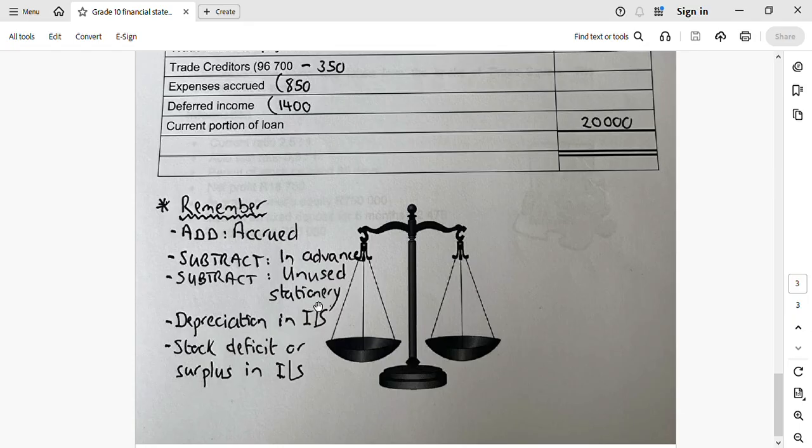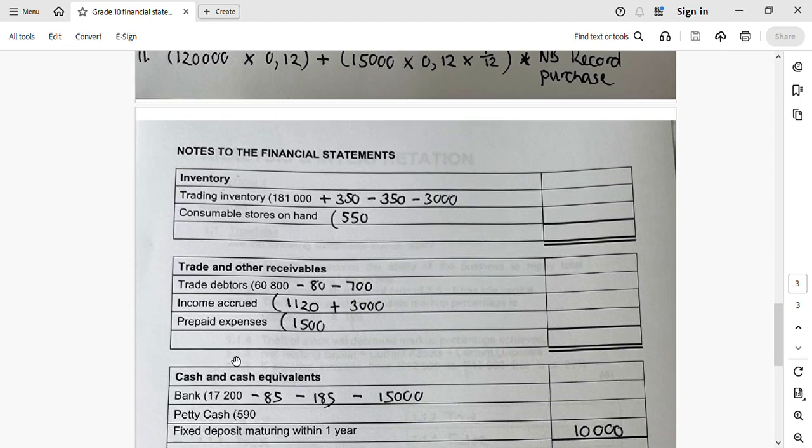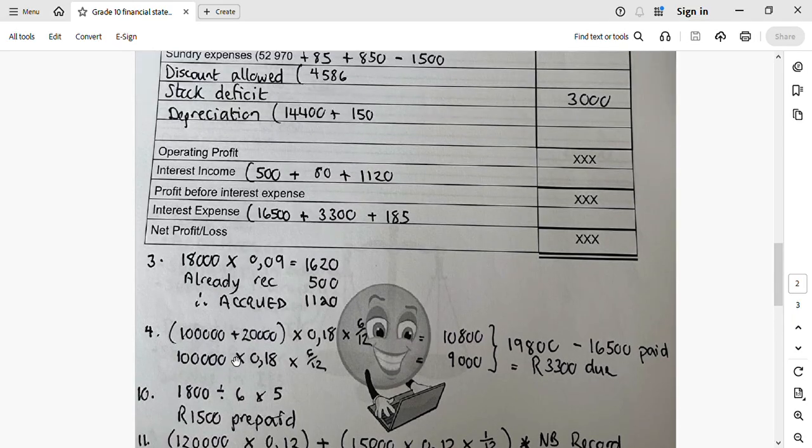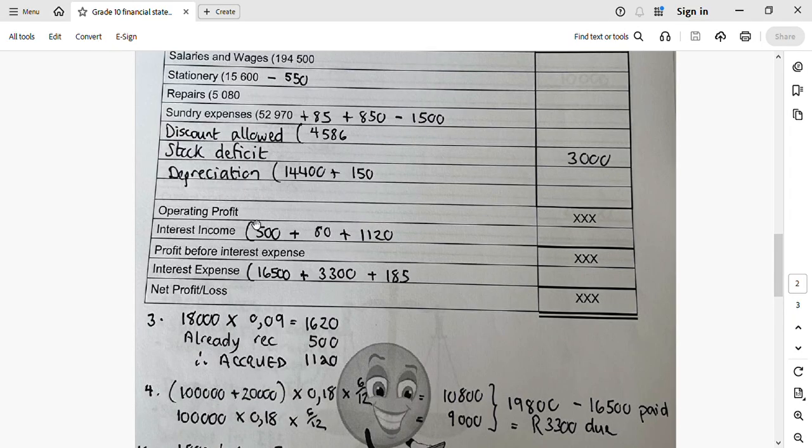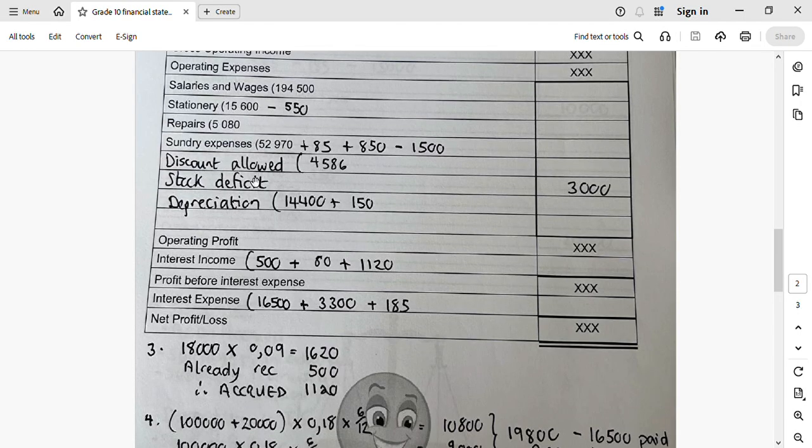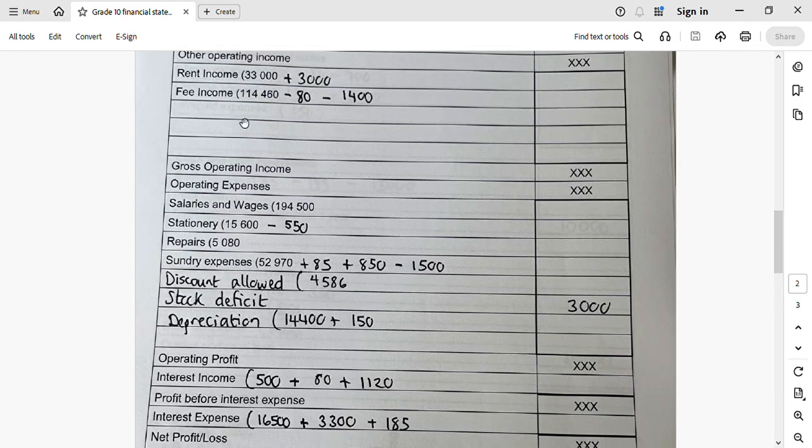And then don't forget in your income statement, the figures that don't have opening totals, depreciation, stock deficit or stock surplus, don't forget to record those as expenses in this case here, or if it was a surplus, you record the surplus under other income.